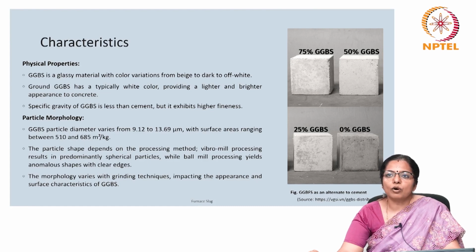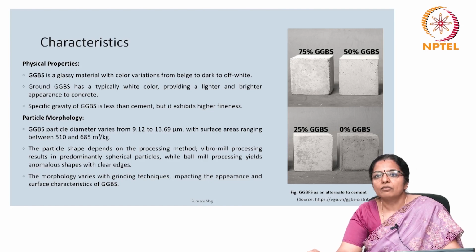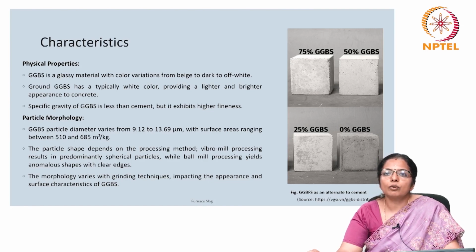Its particle morphology is noteworthy. The diameter of ground granulated blast furnace slag varies within the range of 9 to 13.69 nanometer with corresponding surface areas spanning from 510 to 685 meter square per kg.